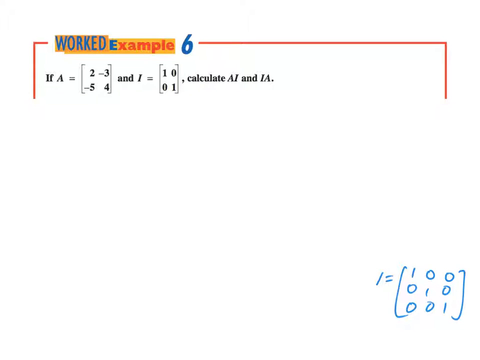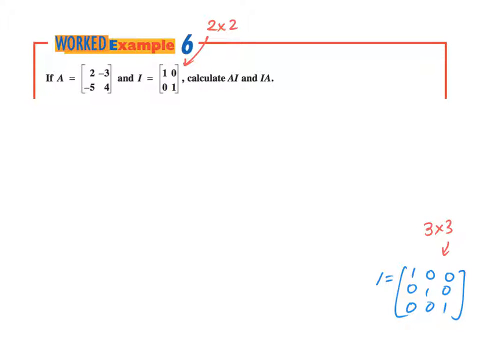And the great thing about identity matrices is that when you multiply them with another matrix, you will produce that other matrix as long as your situation is conformable. Now, identity matrices are always square matrices, and what I mean by a square matrix is that it looks like a square. So it is a 2 by 2 for this one here, and this one here is a 3 by 3.